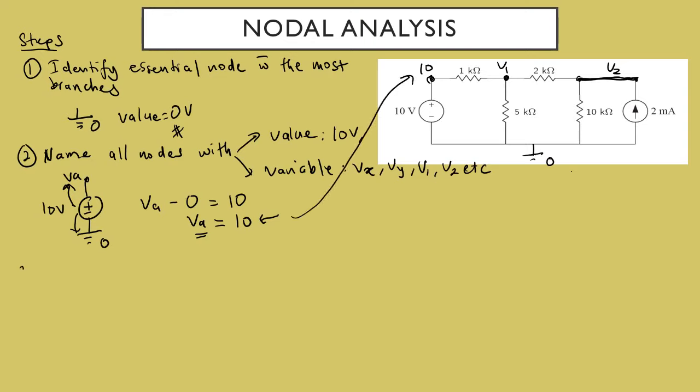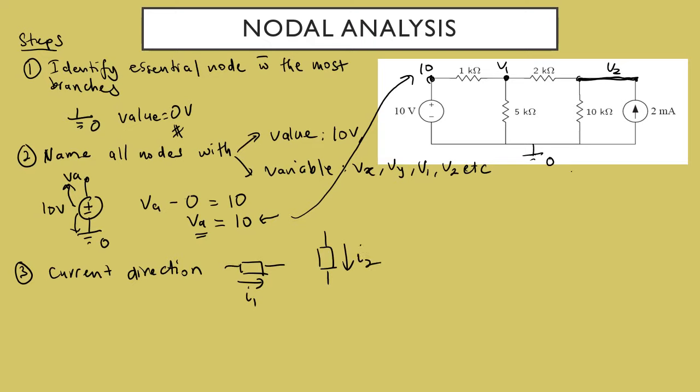Right, step number 3. You need to give current direction, and you can name the current. In my case, I always have the horizontal current to the right. So this one maybe I1, and the vertical branch from top to down, so maybe this is I2.